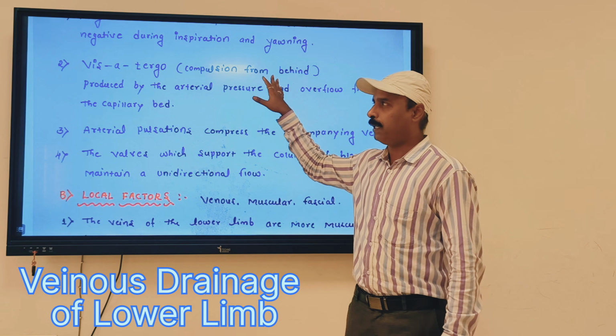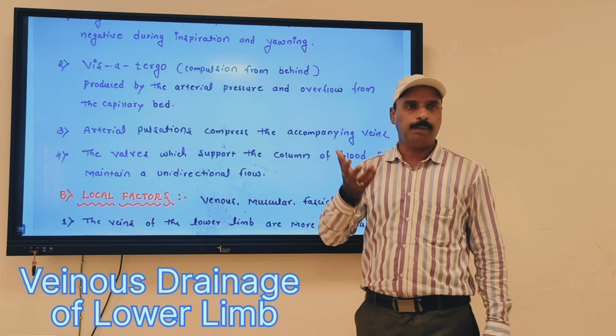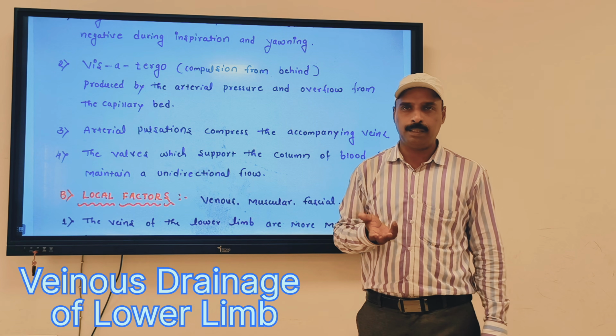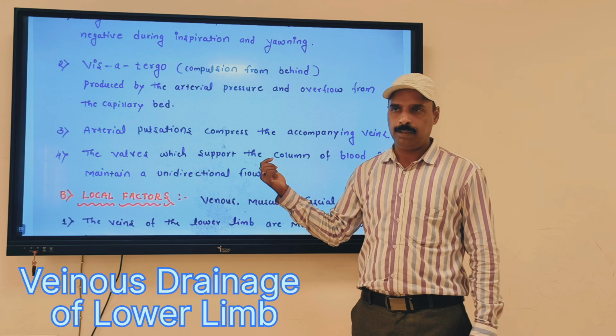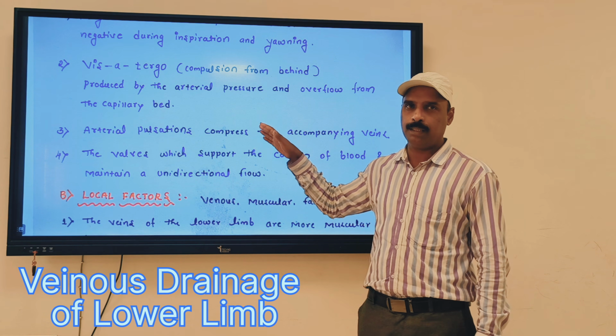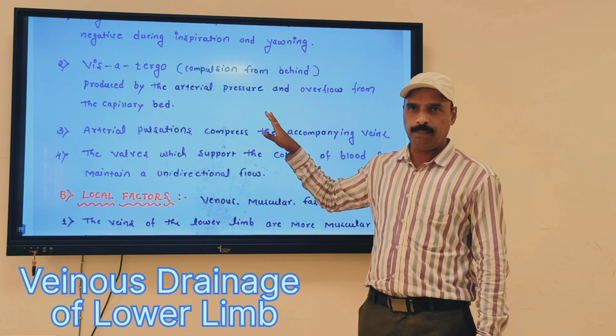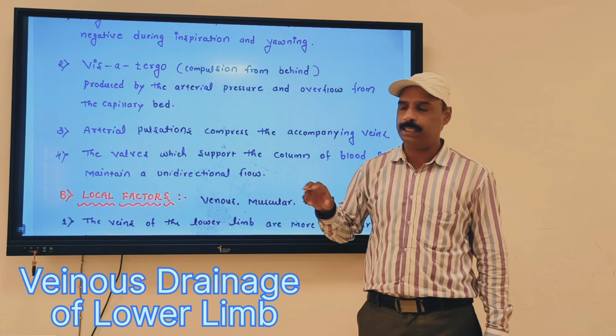So I have told 4 factors, which are negative intrathoracic pressure, visceral pterygoid, pulsation of the artery and valves of the vein. So these 4 factors are the general factors responsible for the venous return.